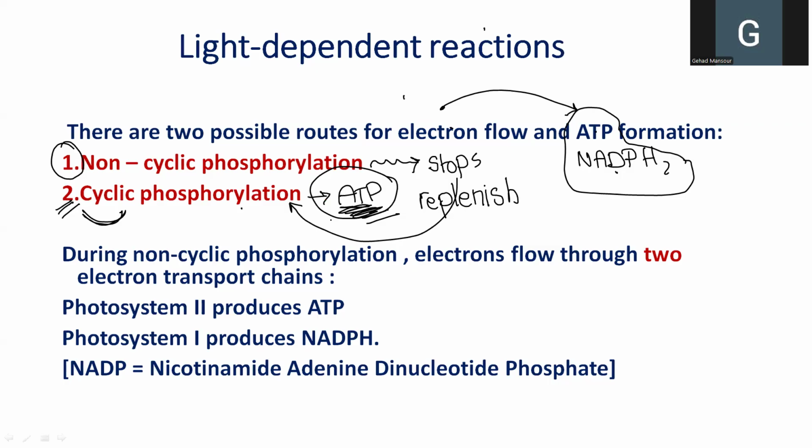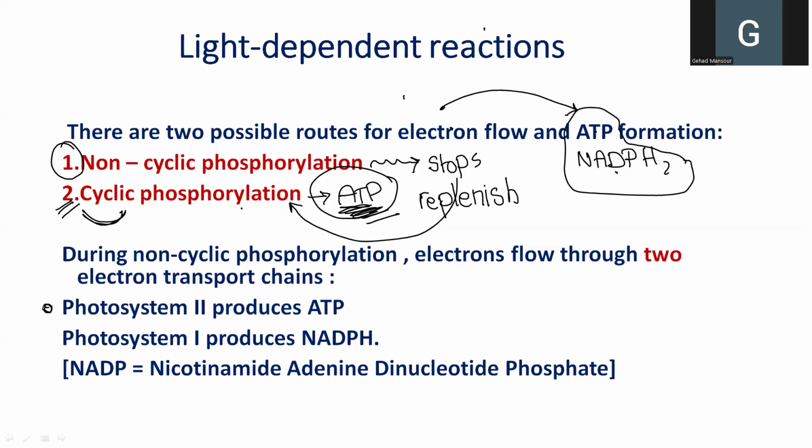During non-cyclic phosphorylation, which is the usual case, electrons will flow through a series of electron carriers and enzymes that form the electron transport chain. Actually, a series of pigments and then electron carriers and enzymes.